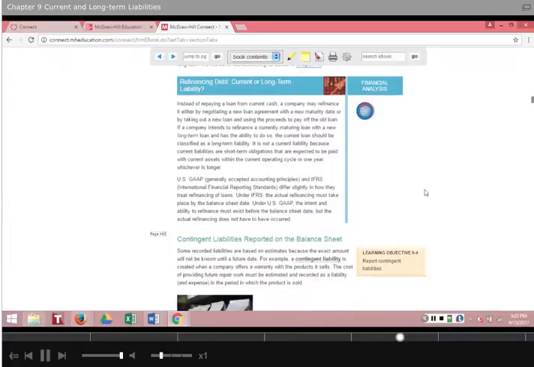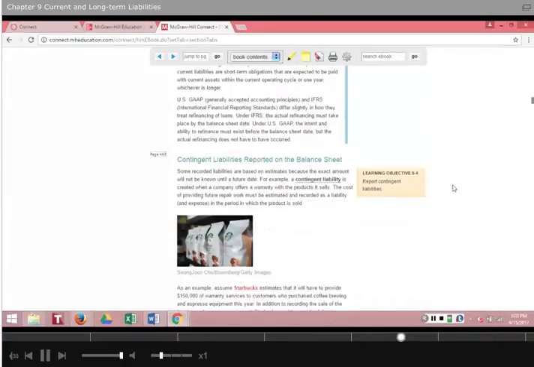So recognize that as long as we show that we have the ability and the intent to refinance, we do not have to reclassify the portion of long-term debt as current.